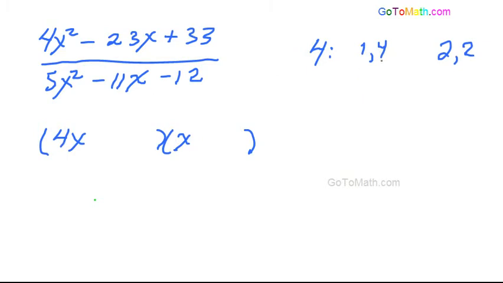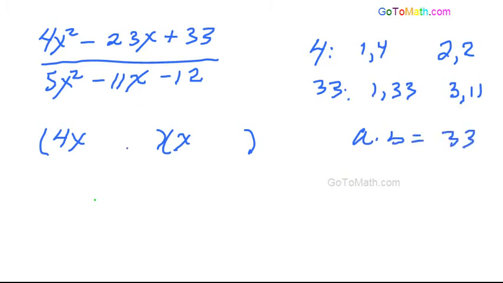Now 33 is 1 and 33, or 3 and 11, right? We have two numbers that, when multiplied together, give us 33. If we let this be A and this be B, you're going to have 4 times B plus A equal to negative 23 here.